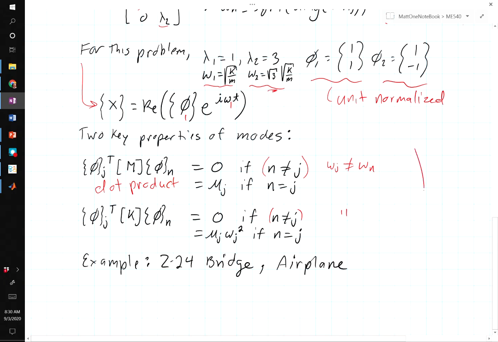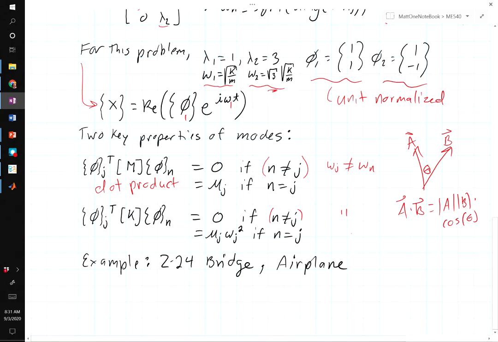And remember, a dot product given two vectors, if we have vectors A and B, A dot B, the dot product is equal to the magnitudes of the vectors times the cosine of the angle between them. So a dot product is 0 if the angle goes to 90 degrees or the vectors are orthogonal.